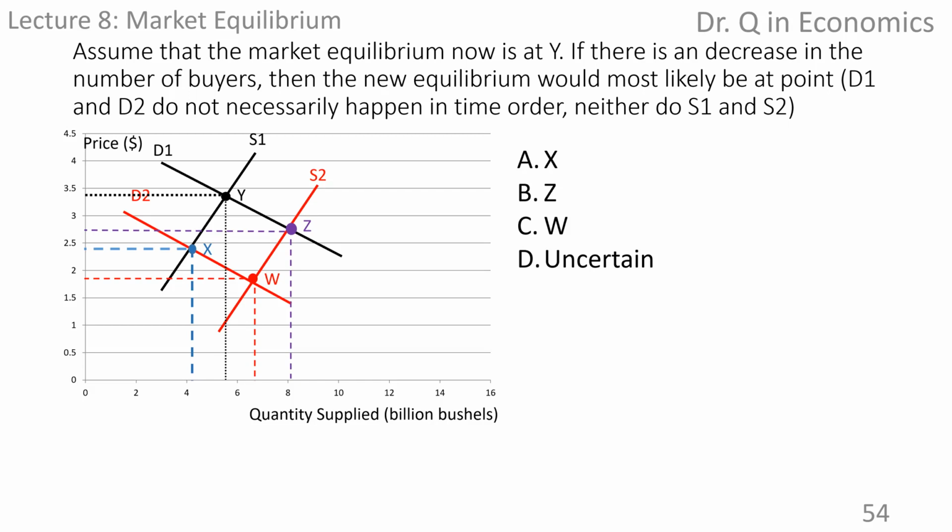That is a negative shock on demand. Demand should decrease and shift left-hand side to D2. Nothing changes the supply, so the new equilibrium is a crossing point of D2 and S1, which is X. Did you pick the correct one?